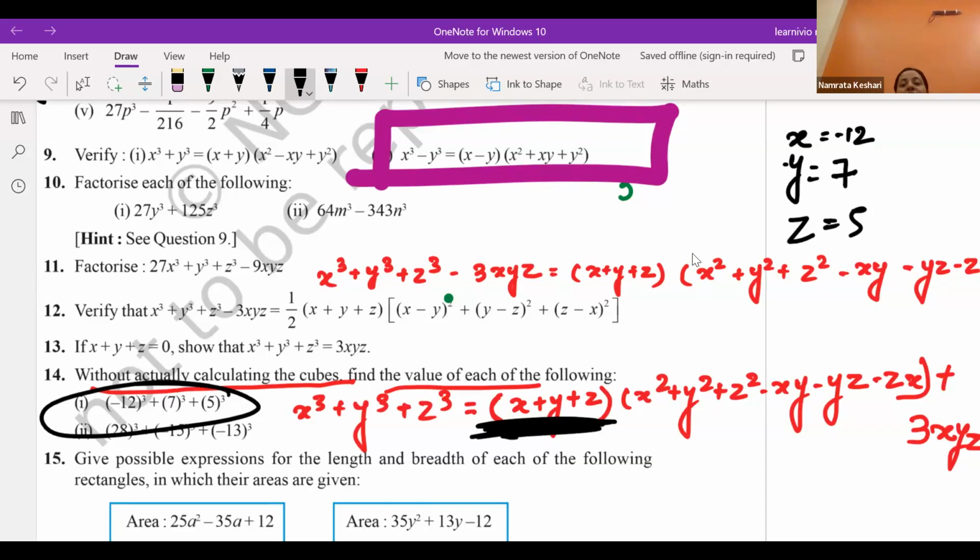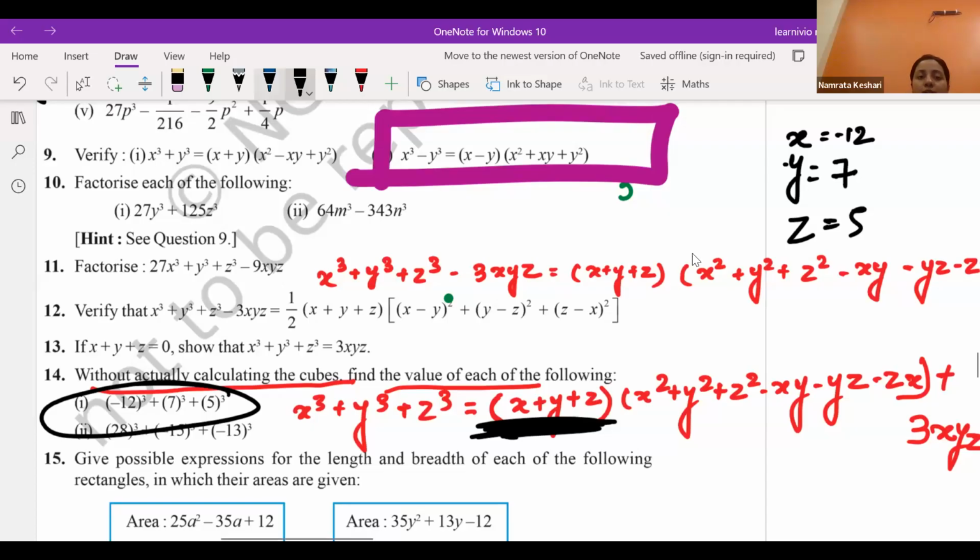X plus y plus z is what? Is it 0? Yeah, it is 0.